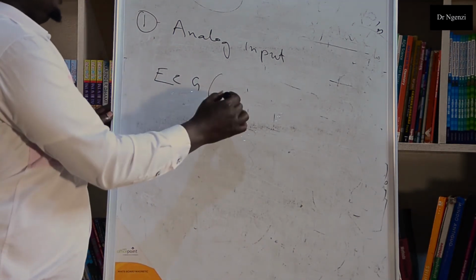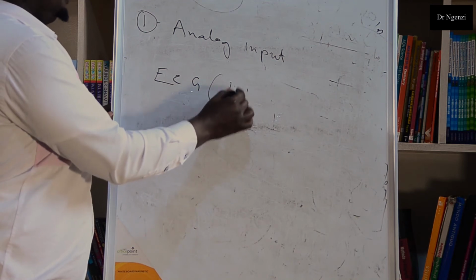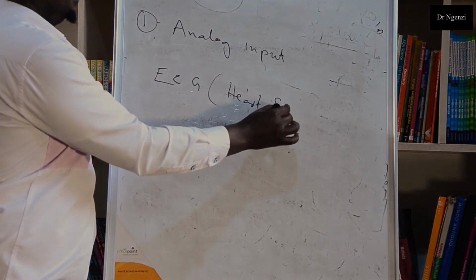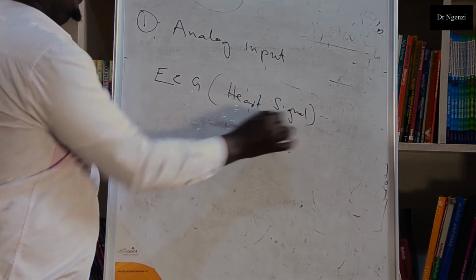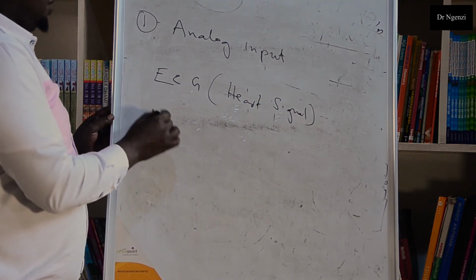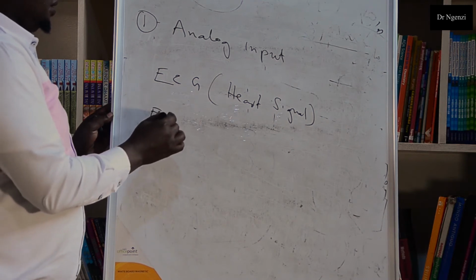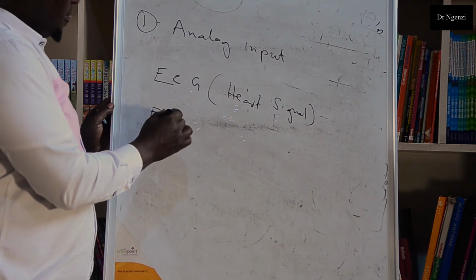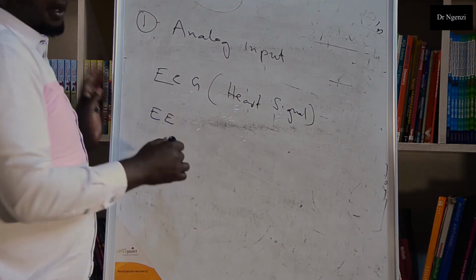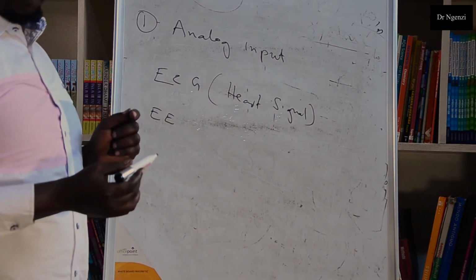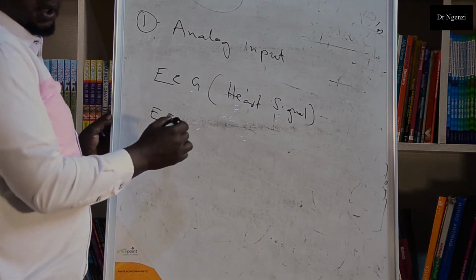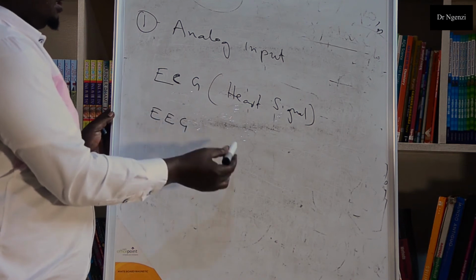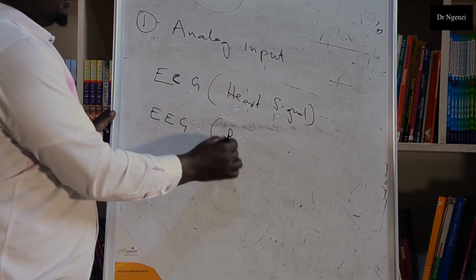So this is a heart signal. But also we have the electroencephalogram signal, which is the EEG, a brain signal.